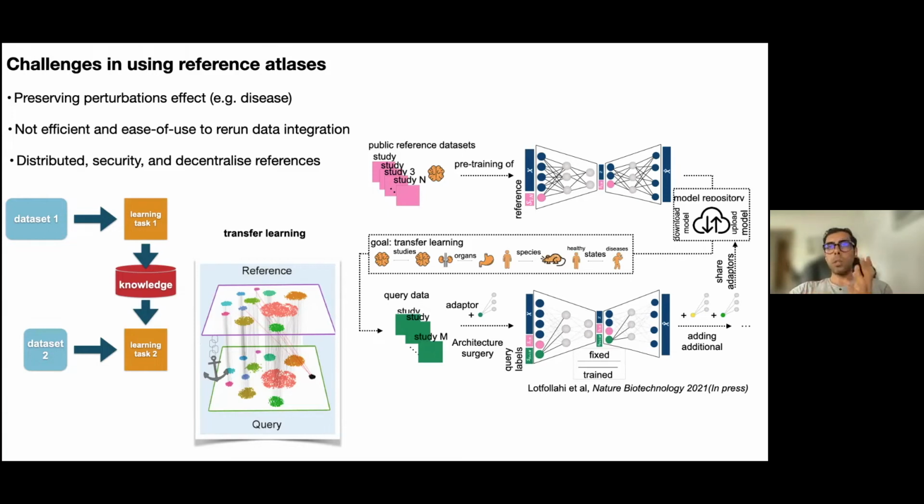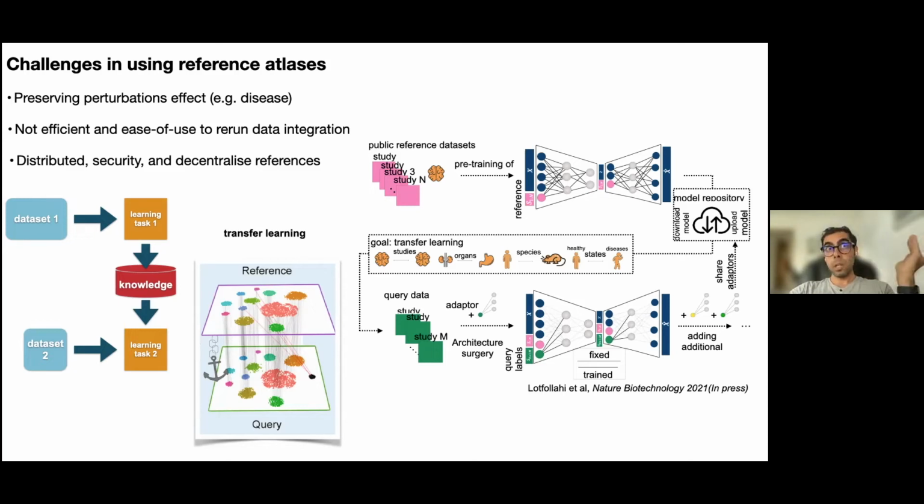And the way it works is we take the new data set, so basically the query data set, and we add a specific set of weights to the input layer of both encoder and decoder. So basically the conditional weights, which account for removing the batch effect. And we only fine-tune those specific weights, which basically leaves the whole reference intact.